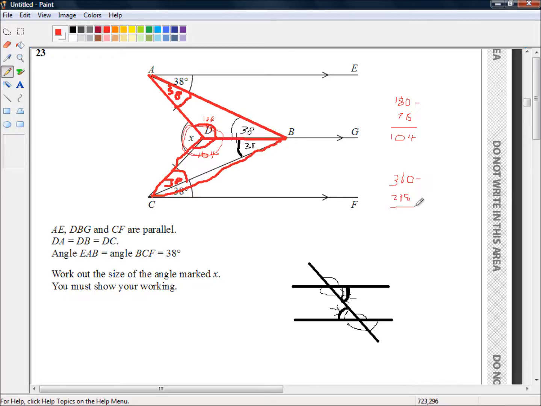And if we add 2 to the 8, we'll get a 10, so that's 210. Add 50 to 210, that takes us up to 260, and add 100, and that takes us up to 360, so the answer is 152 degrees. So x equals 152 degrees.